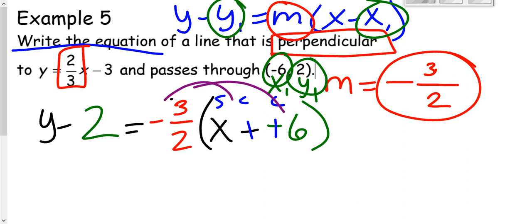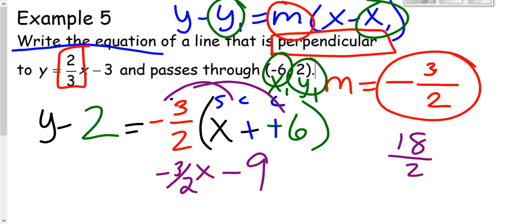I'm going to distribute. Now be careful here because your slope is negative. So I've got a negative 3 over 2x. And then what's a negative times a positive? It's a negative. So this time I'm going to take the 3 times 6, which is 18 over 2, which is going to give me 9. Again, you can also use your calculator to help you with that part.